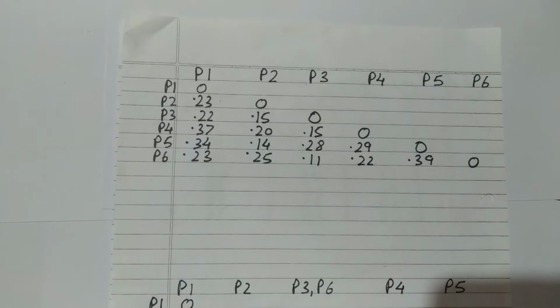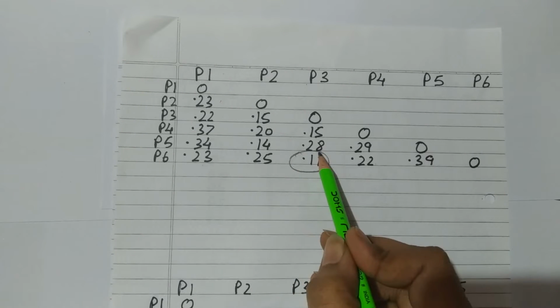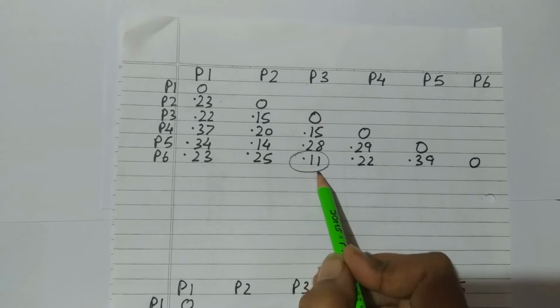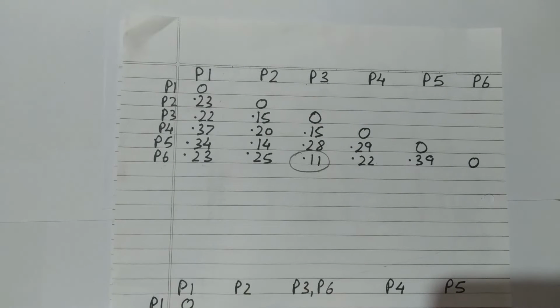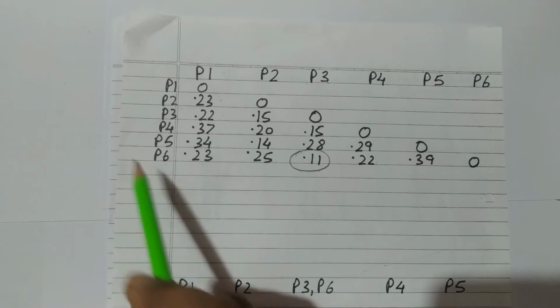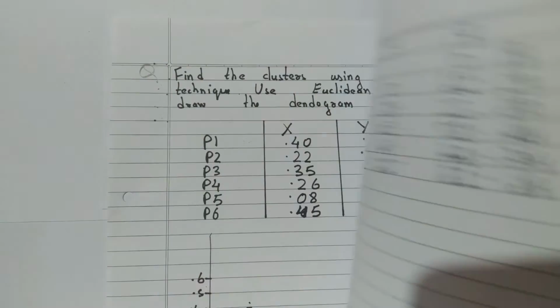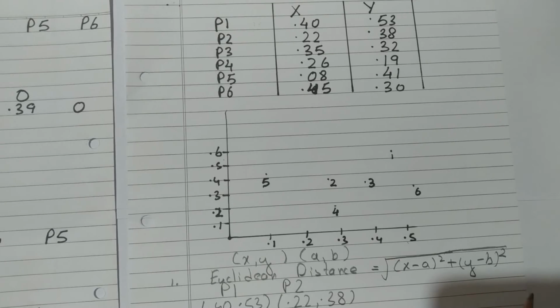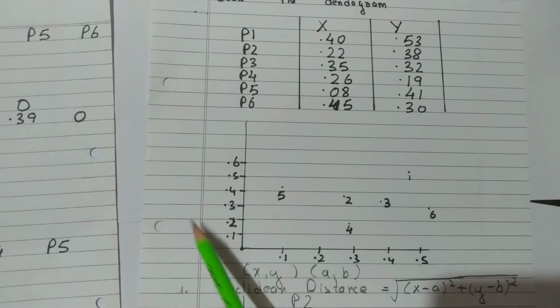Looking at all the values, we can find out that 0.11 is the shortest distance. That means point P3 and point P6 are nearest to each other. If we plot all these points, looking at this graph, which I have shown you earlier also, these are all 6 points plotted.